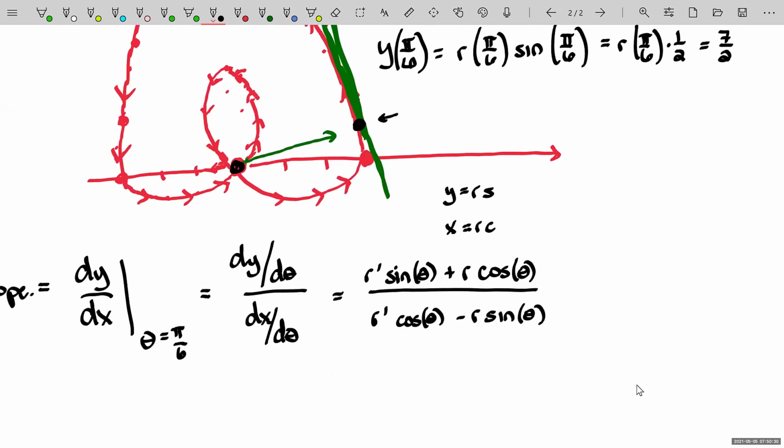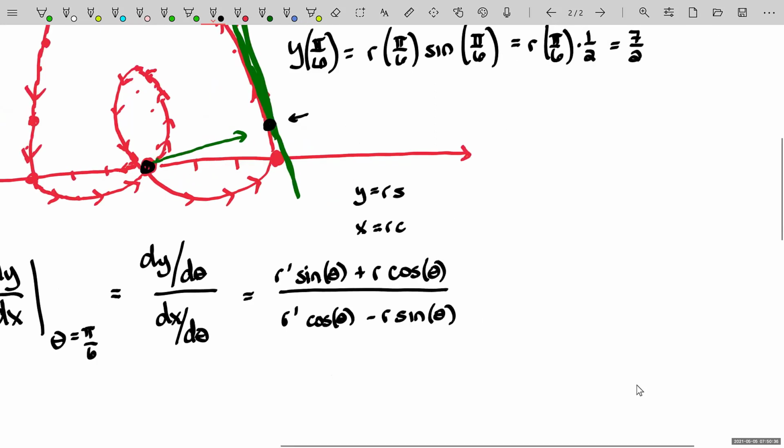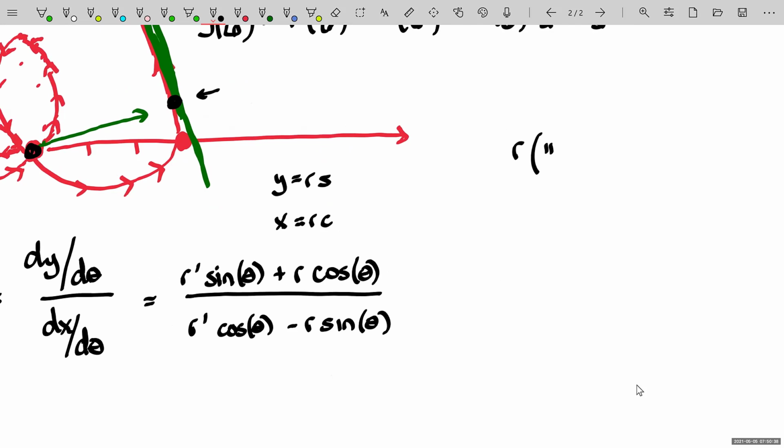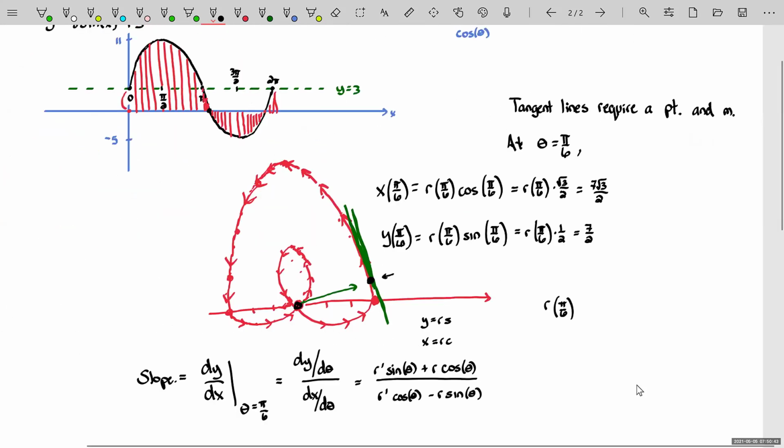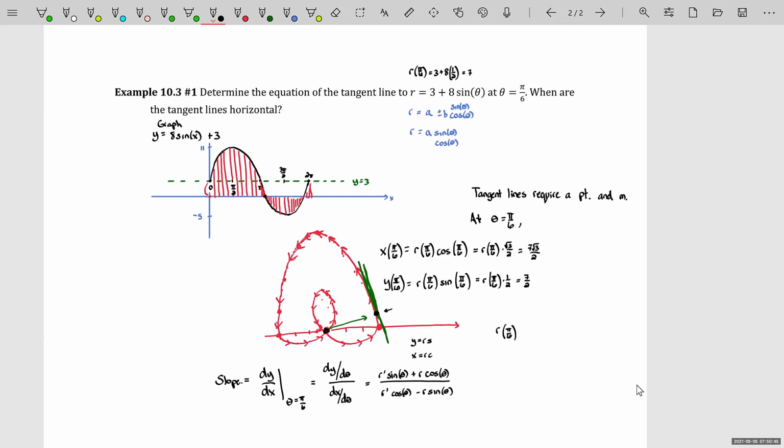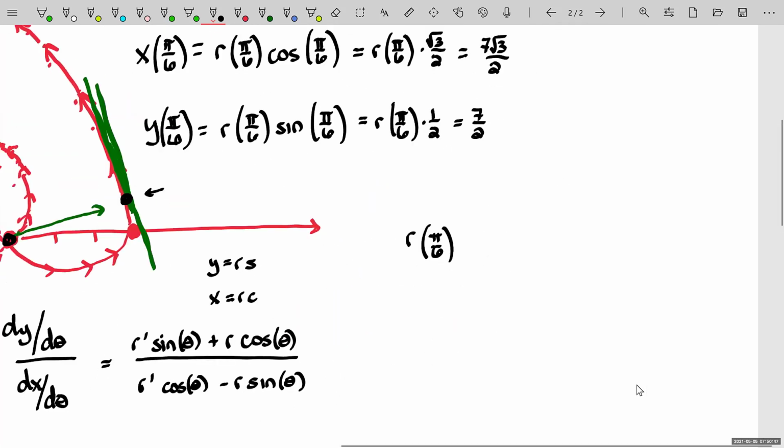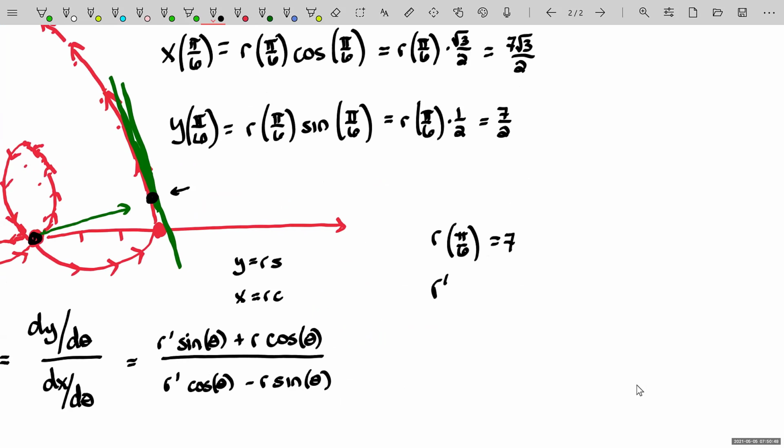I want to evaluate that at pi over 6. Remember, r of pi over 6, you could just go right back up to the original r and plug in pi over 6, you will get 7. r prime, on the other hand, we did not compute. So let's go ahead and find out what r prime is.